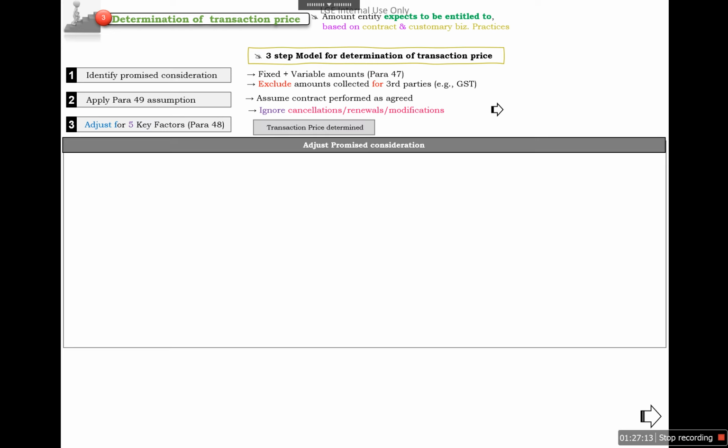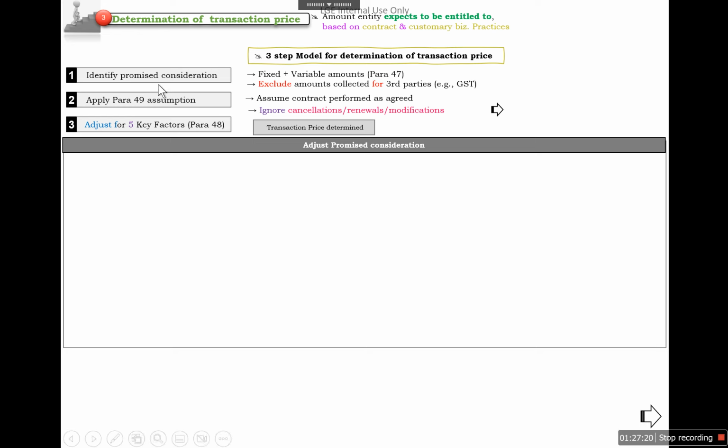And there are some assumptions also. We need to assume that the contract is performed as agreed, and we need to ignore cancellations, renewals, and modifications, and we need to adjust for five key factors that we will discuss later.